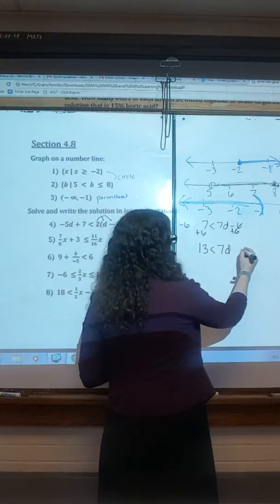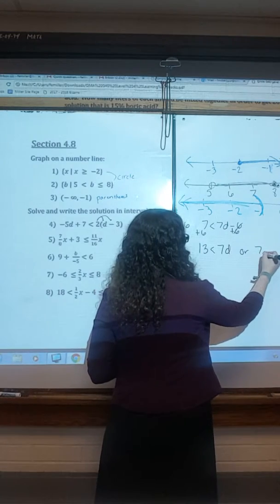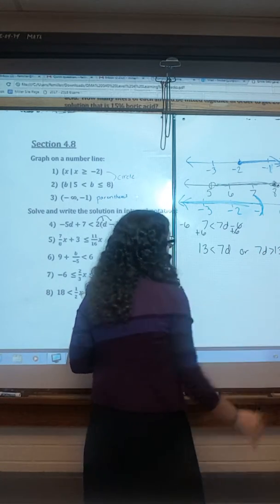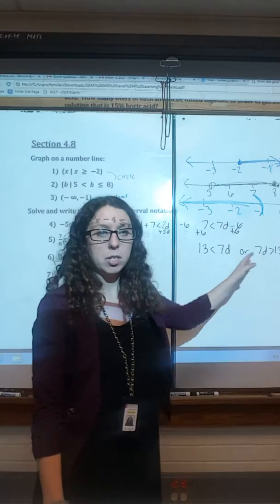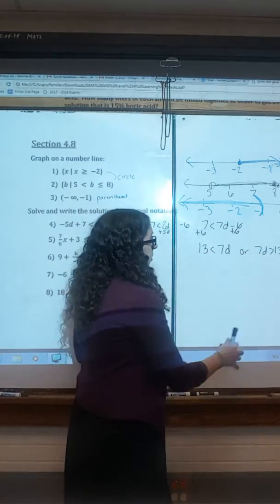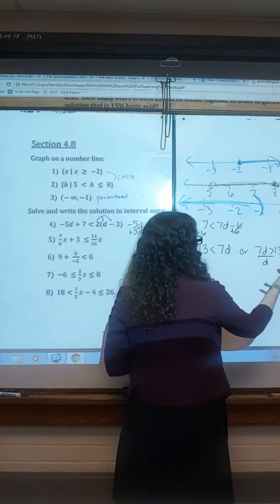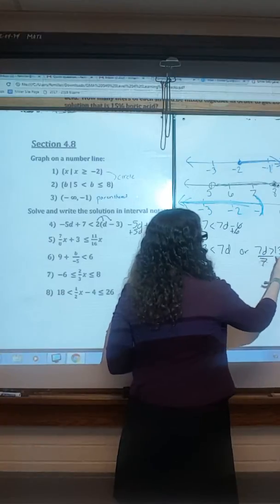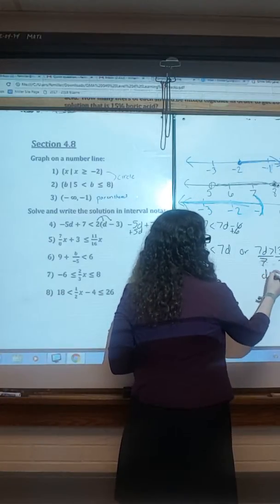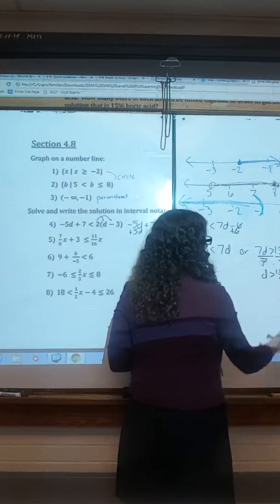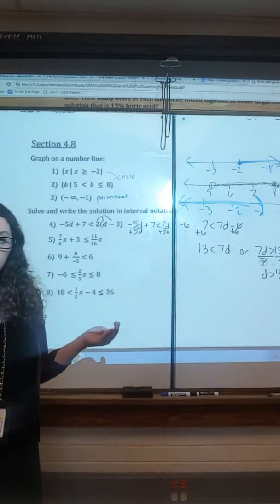And what I can do, just so I like it better, is I can just flip this around and say 7d is greater than 13. Those are one and the same because they're like mirror images. And then I'm going to divide both sides by 7, not b. So I'd say d is greater than 13 over 7. And it wants your answer in interval notation.